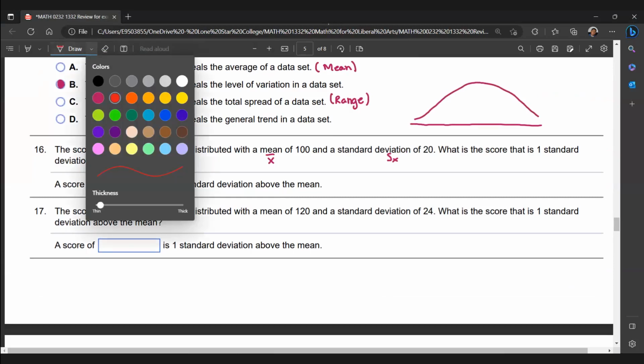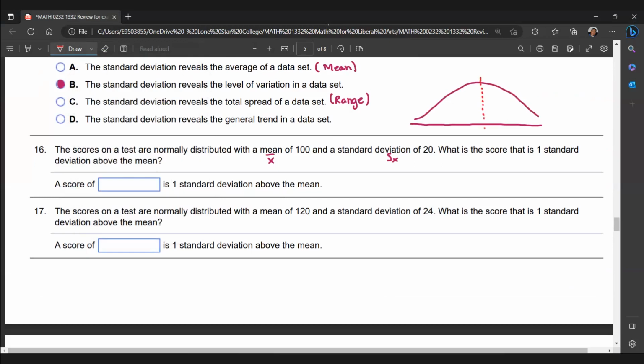The mean will be right down the middle. To the right of it will be one standard deviation away, and to the left of it will also be one standard deviation away. Then we have two standard deviations away to the left and to the right, and eventually three standard deviations to the left and to the right.